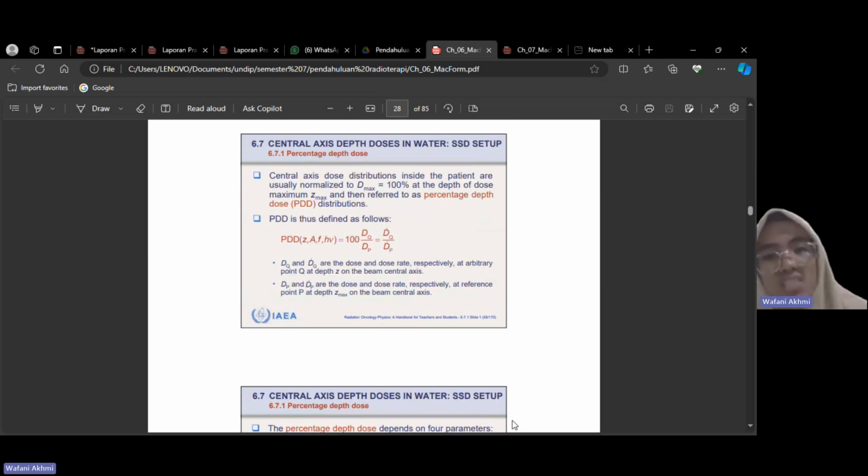This page is percentage depth dose. Central axis dose distributions inside the patient are usually normalized to Dmax equal to 100% at the depth of dose maximum Zmax and referred to as percentage depth dose (PDD) distribution.